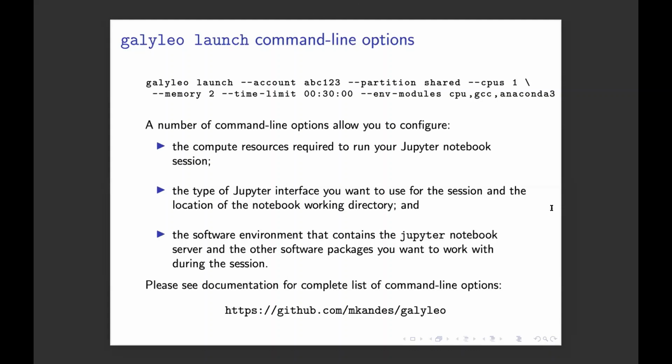Again, there are a lot of different command line options for Galileo to launch your script and connect to the satellite service. The ones you're probably most familiar with are the ones that request your compute resources. Those should be fairly straightforward. You can request GPUs too.